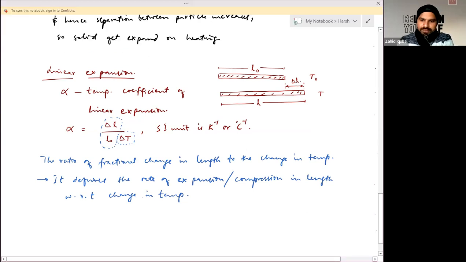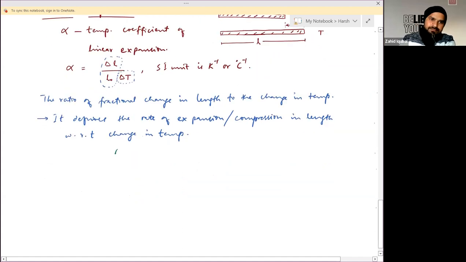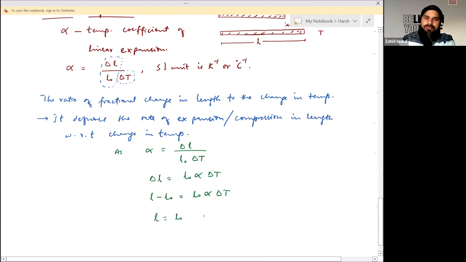If you expand this relation, alpha equals delta L divided by L naught times delta T. Cross multiplying, delta L equals L naught alpha delta T. Delta L is L minus L naught, so L minus L naught equals L naught alpha delta T. Moving L naught to the right side, L equals L naught plus L naught alpha delta T. Taking L naught as common, L equals L naught times (1 plus alpha delta T).